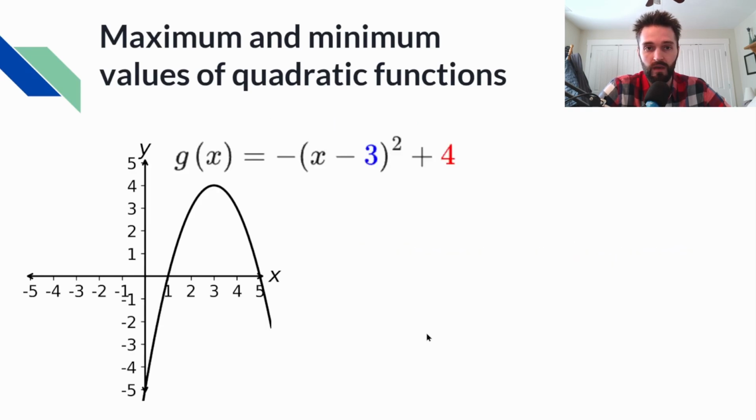And then if we have a curve that looks like this, we can see that a is -1, so a is negative, so this parabola opens downward, and it's in vertex form, so right away we can just write down the vertex. It's 3 comma 4 in this case, 3 in blue and 4 in red.